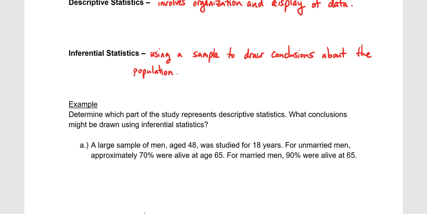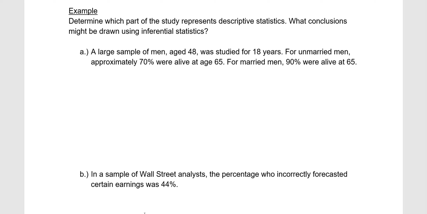So let's do a couple examples. Let's determine which part of the study represents descriptive and what conclusions might be drawn using inferential statistics. So part A, a large sample of men aged 48 was studied for 18 years. For unmarried men, approximately 70% were alive at age 65. For married men, 90% were alive at 65.